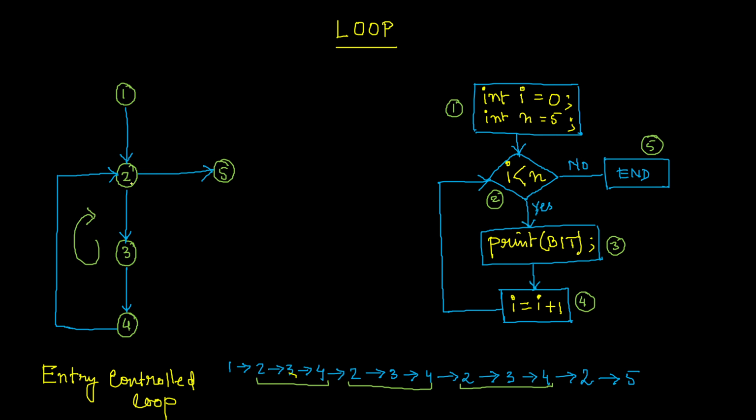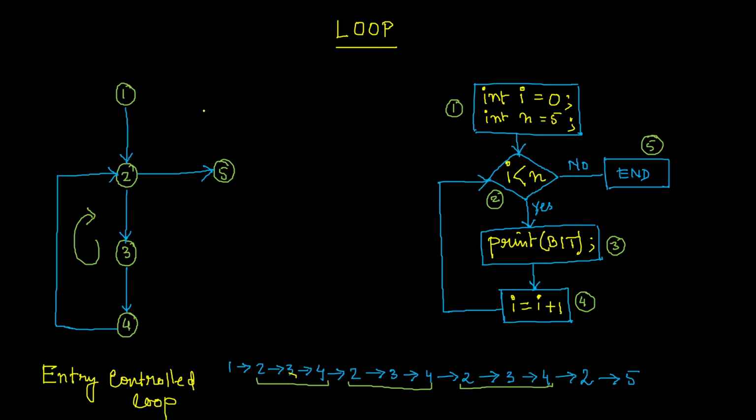Okay. Now I can have a similar situation over here. I can do it in a different way. You see, the same thing I will do in a different way. Let's write it first. I can write int I equal to 0, int n equal to 5, suppose.